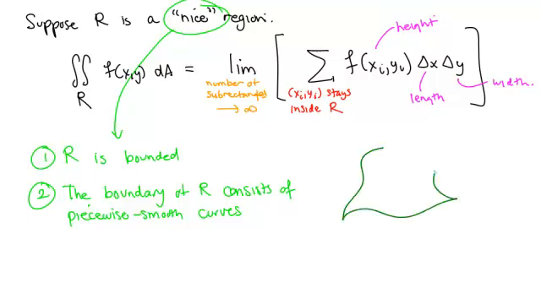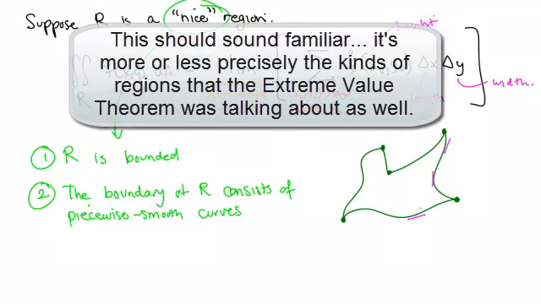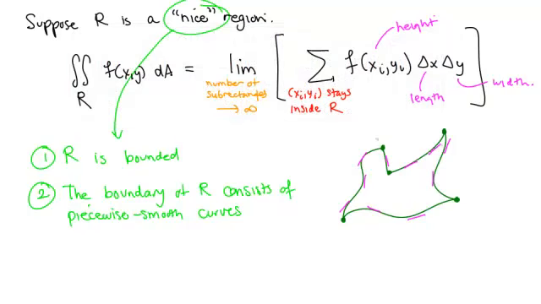It means that whatever your region happens to look like, except at a couple of points, the in-between parts of the boundaries should be smooth in the sense that they have a well-defined tangent line at every single point. So that the only places where we don't have well-defined tangent lines along the boundary edge is at a couple of corners. The idea of these corners is that between two corners it seems like there's a nice piece of a boundary. In this case we would have 1, 2, 3, 4, 5 pieces of boundary. That's the idea of being piecewise smooth.